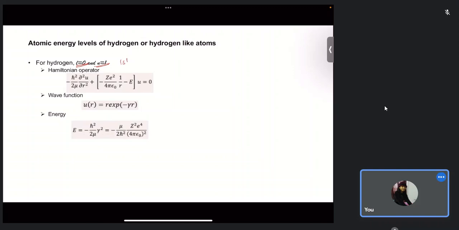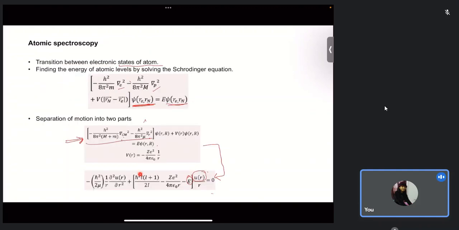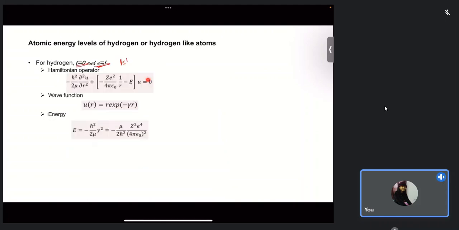When we substitute L equal to 0 in this Schrodinger equation, we'll get the Hamiltonian operator like this.